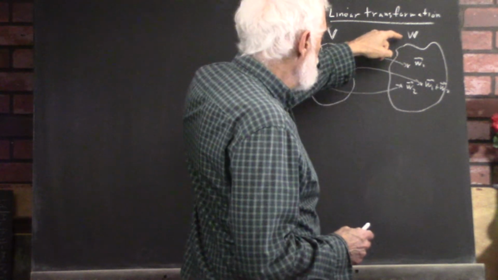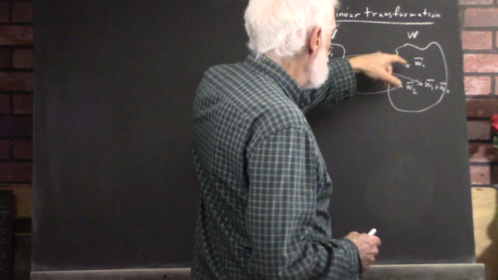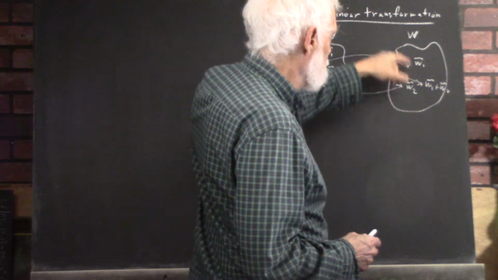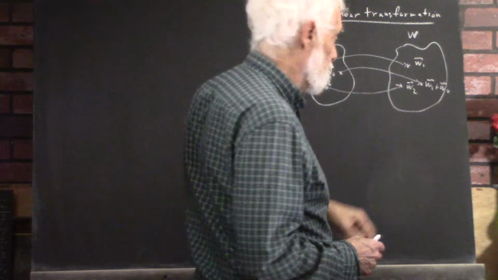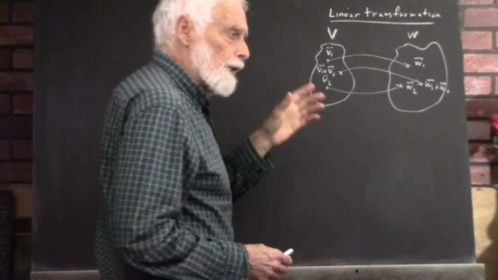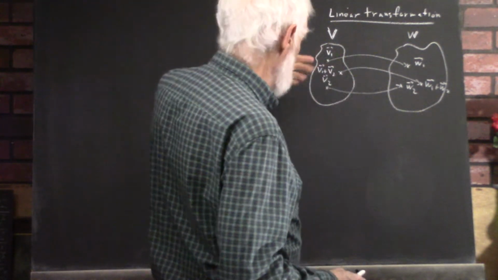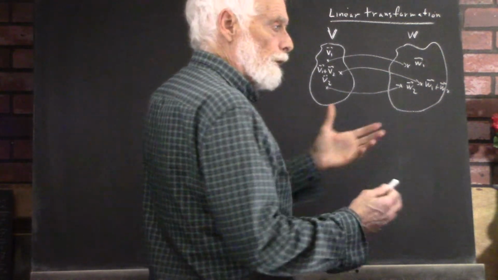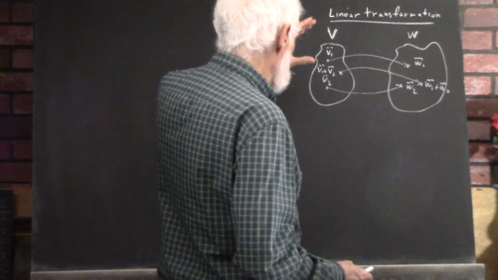And if we've got vectors w1 and w2 over in this space, then w1 plus w2 has to be in this space.